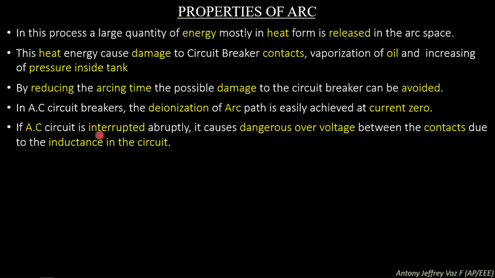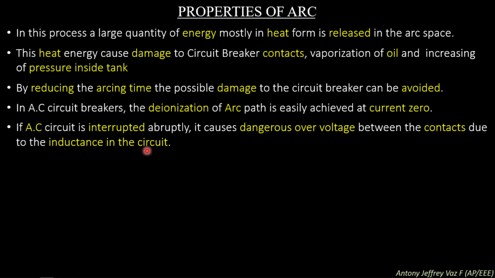If an AC circuit is interrupted at this time abruptly, it causes dangerous overvoltages between the contacts due to inductance in the circuit. For example, if the current is not passing zero and it is rising upwards, and at that time we abruptly interrupt the AC circuit, it will cause very dangerous high overvoltage between the contacts due to inductance in the circuit.